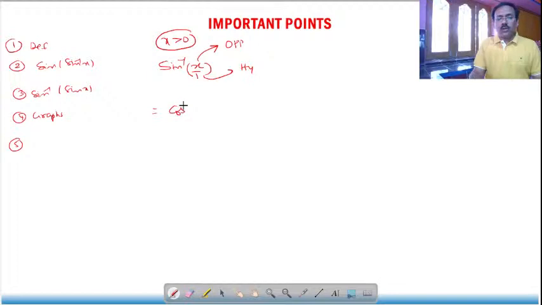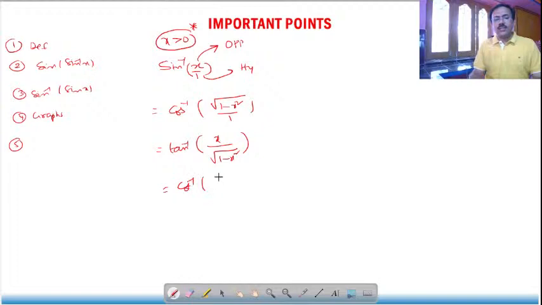If at all you want to write in terms of cos inverse, you just write adjacent side by hypotenuse. If at all you want to write tan inverse of, you will get opposite side by adjacent side. Do remember, this is all when x is positive. Of course, cot inverse you can write adjacent side by opposite side kind of.